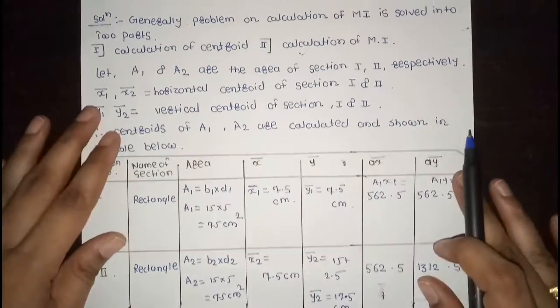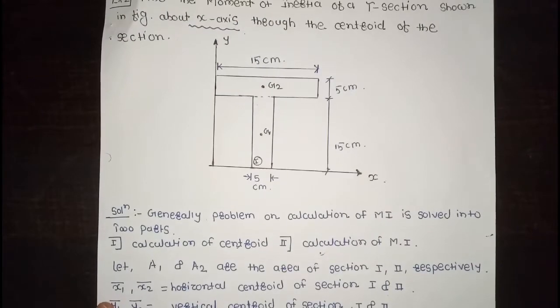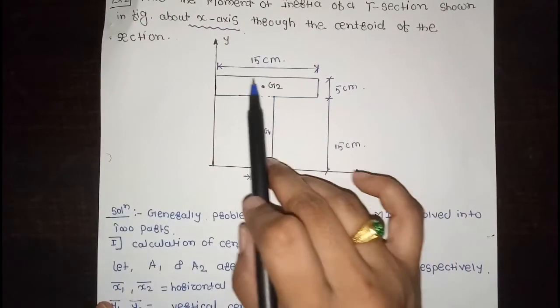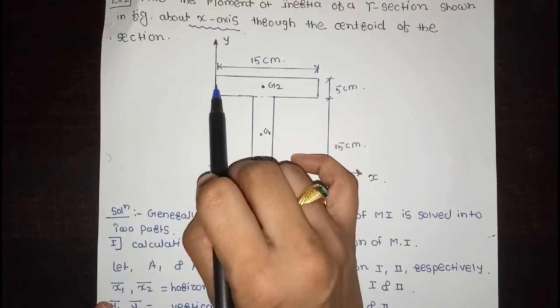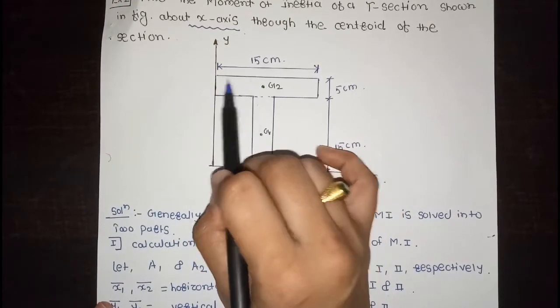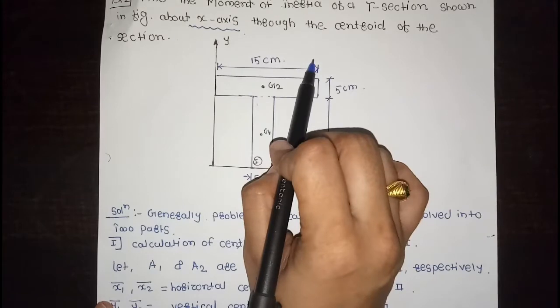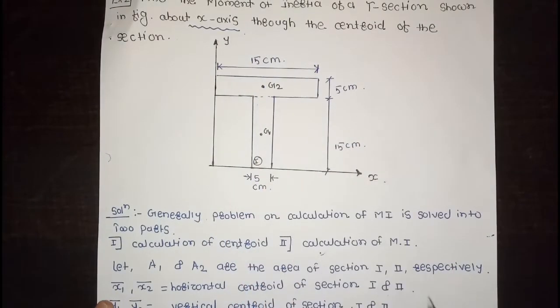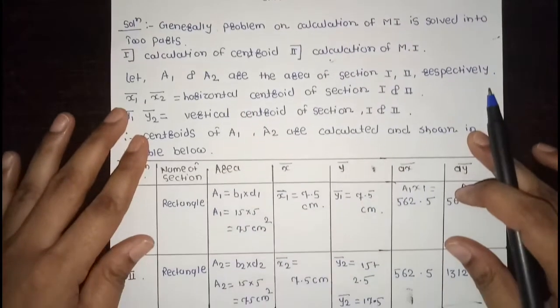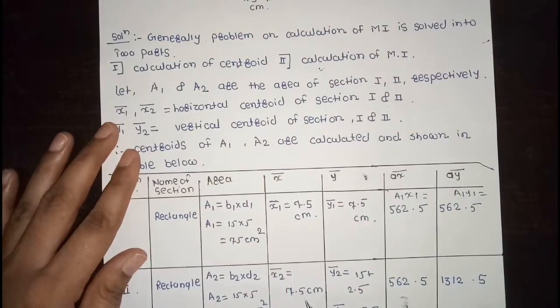What is meant by X2 bar? This is the second section. X2 bar is the distance between point G2 and the base of the y-axis. The total distance is 15 centimeter, 15 divided by 2 gives 7.5. So X2 bar is equal to 7.5 centimeter.